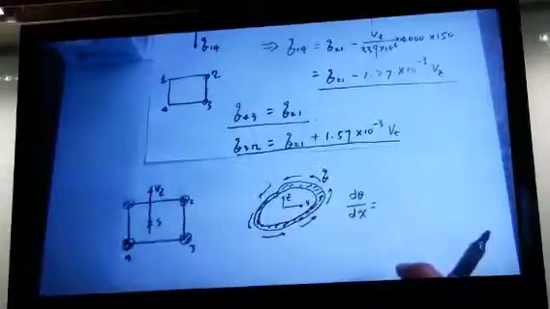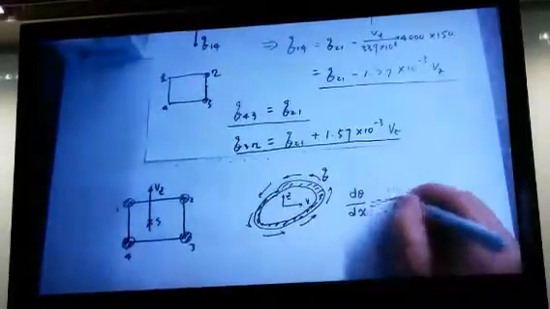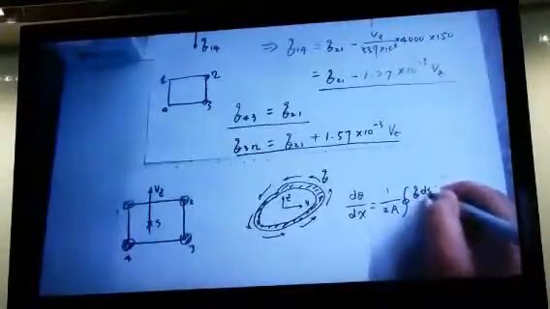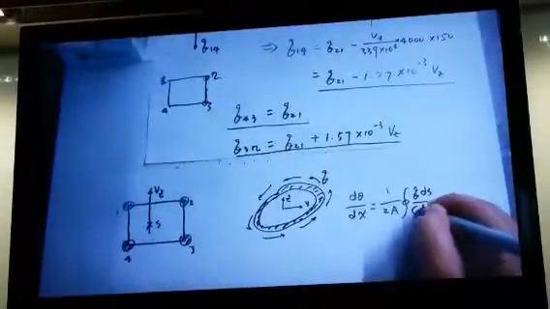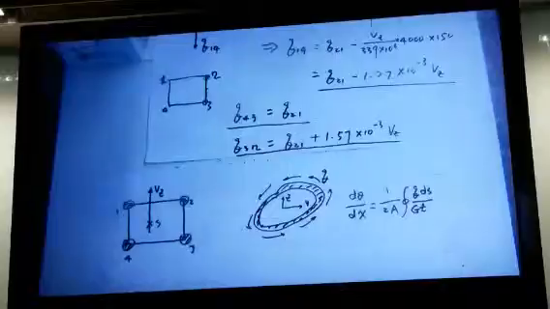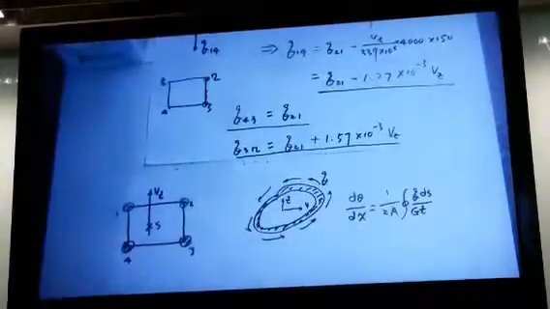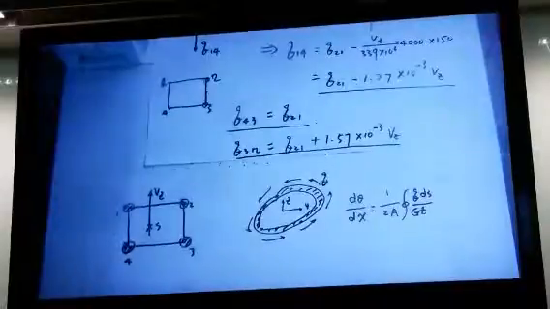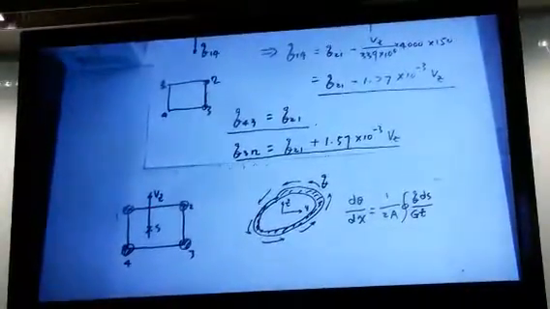If you want to figure out how to derive this formula, you can go back and check this 321 textbook. And that formula is dθ/dx = (1/2A) ∮ q ds/(G t). What is the meaning of this formula? dθ/dx, this is the x direction. dθ/dx means this theta angle is not constant along the x direction.